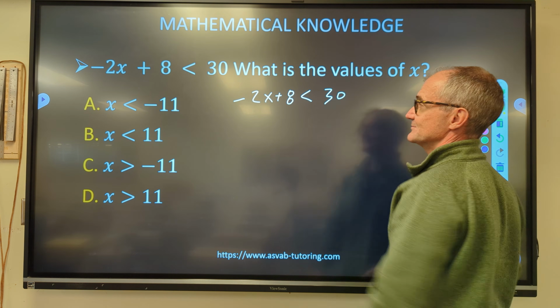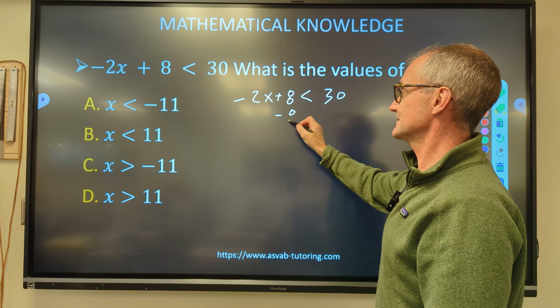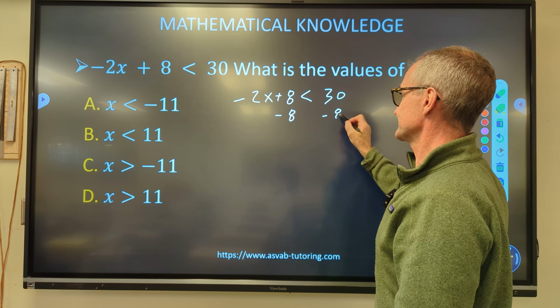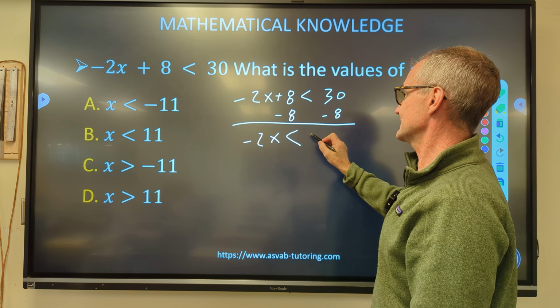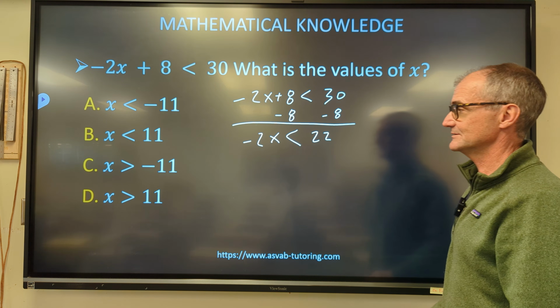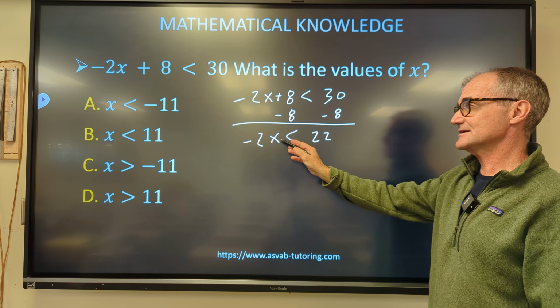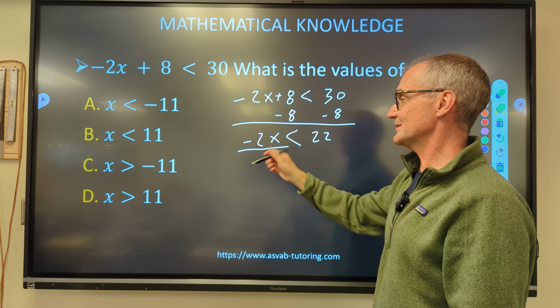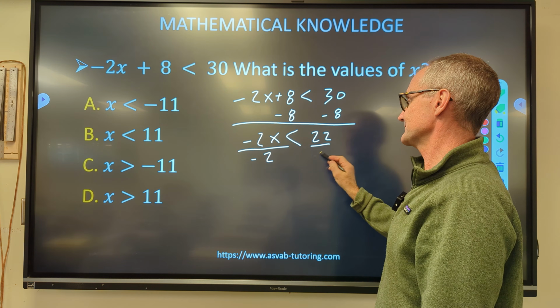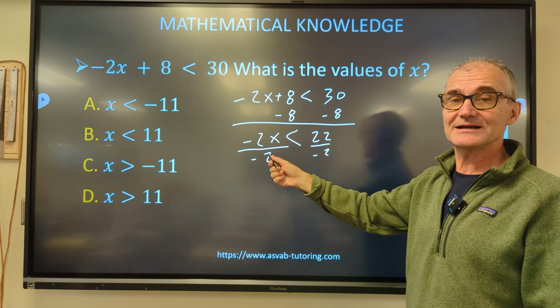My goal is to get x by itself. I subtract 8 from both sides. That gives me negative 2x is less than 22. Still solving for x. Right here I'm adding, so I subtract to reverse it. Here I'm multiplying, so I divide to reverse it. And I'm dividing by a negative.